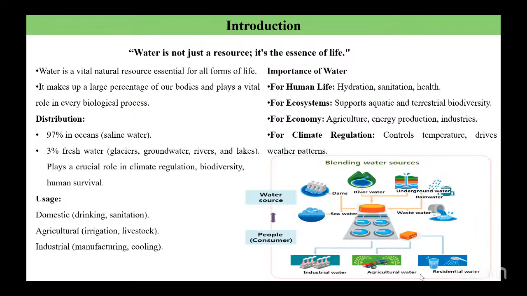We need water for hydration, we need water for sanitation, we need good water for good health, and for ecosystems. What are these ecosystems? It also supports the aquatic and the terrestrial biodiversity. The water supports the ecosystem in terms of aquatic life, and also the terrestrial biodiversity.